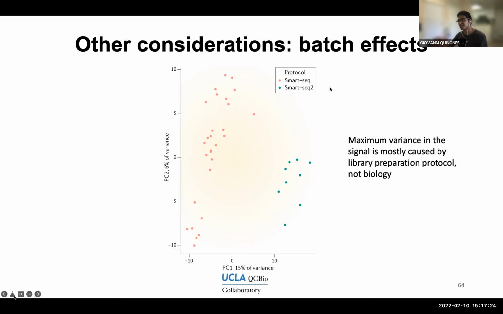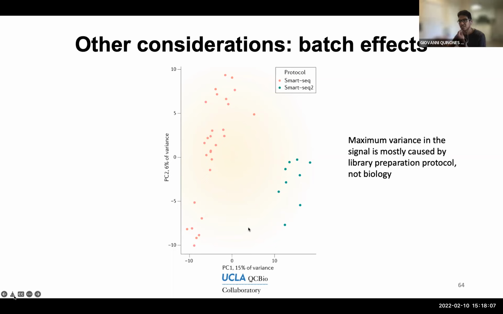In this particular case, we have data that had two different library protocols: SmartSeq and SmartSeq2. When we prepare data using different libraries, sequence, obtain our feature count matrix and perform PCA, we can see that the data points coming from either protocol are actually clustering together, and this is in the first two PC dimensions.